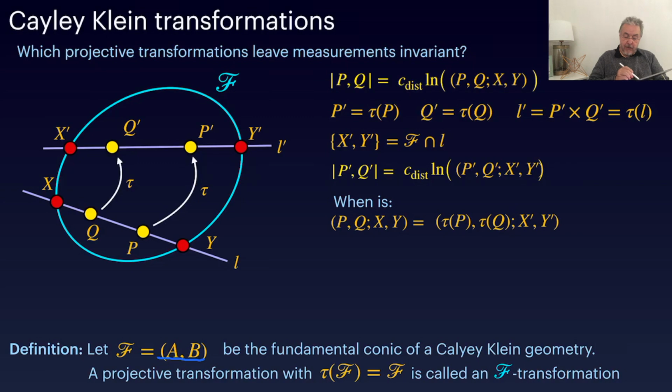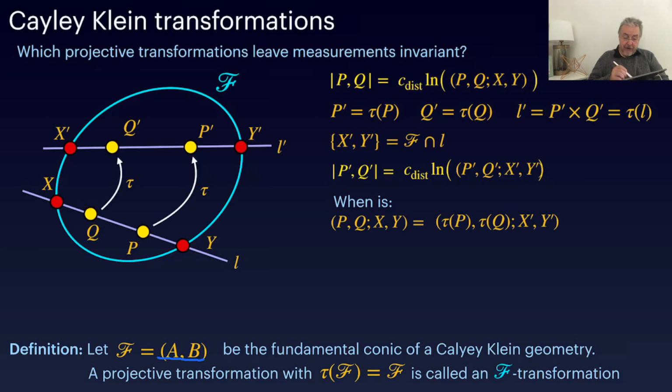You take the transforms of the A and the B, considered as a primal and a dual conic. And if this transformation is again your fundamental conic F, then you call this an F transformation, which should be a transformation of the Cayley Klein geometry associated with this specific fundamental object.